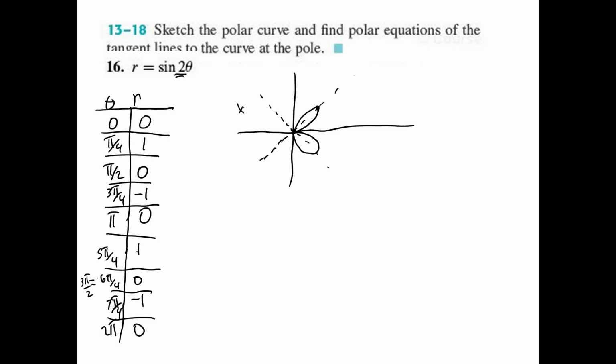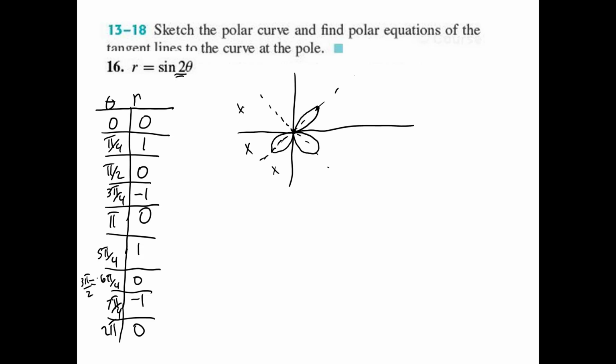And then once we get past pi, my r values are back to being positive. So it starts at 0, goes to 1. And then past 5 pi over 4, my points are actually in this quadrant. Past 5 pi over 4, they're still positive, so we're over here, coming back to the pole.